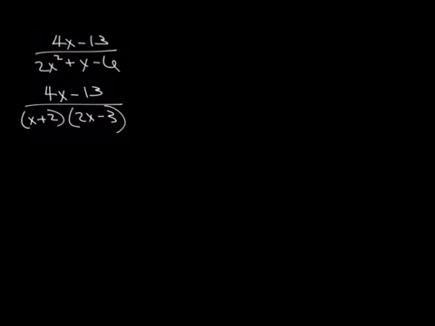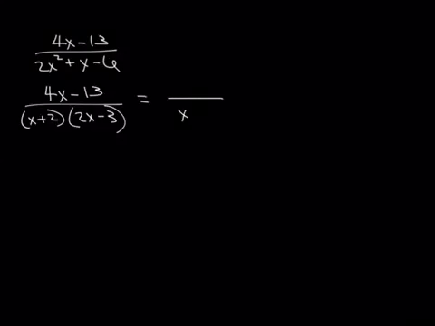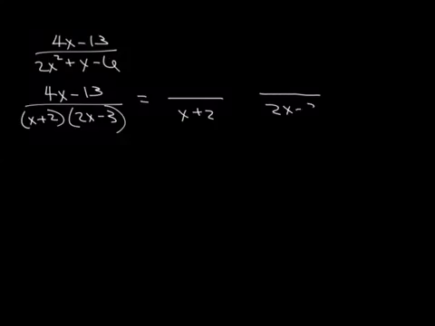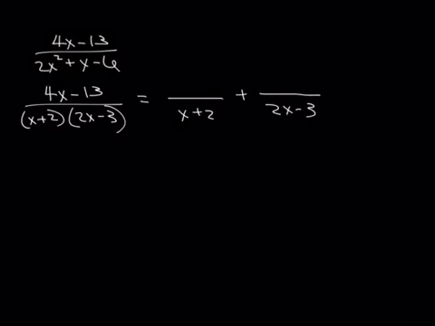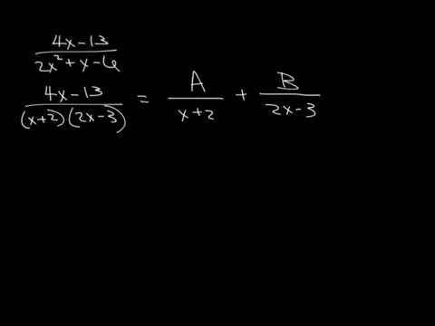Now we're going to write one of our factors here and one of our factors here. We're going to put a plus sign. What we don't know is what goes here and what goes here. So we're going to call those an A and a B, because I know something's going to go up here.